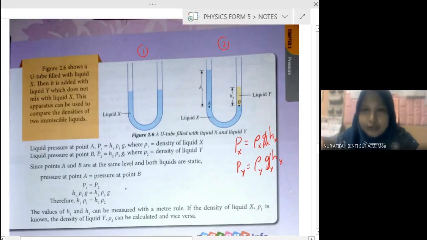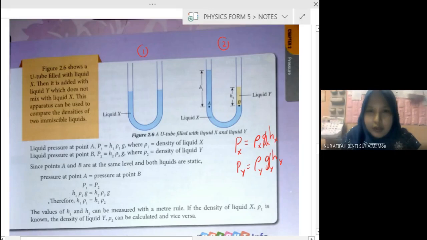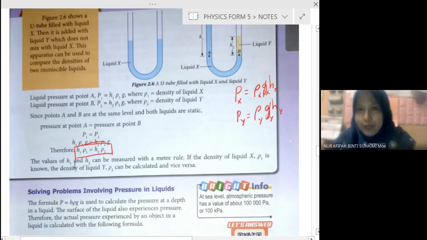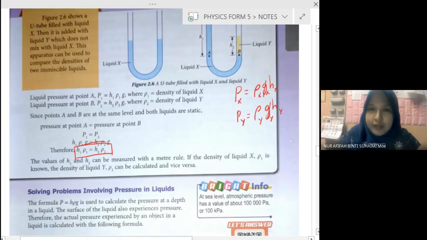So this one will be like this. Okay. Yang dekat bawah, yang third equation. So we use ratio. We use ratio. So from this equation, we can find out either dia punya height or dia punya density.